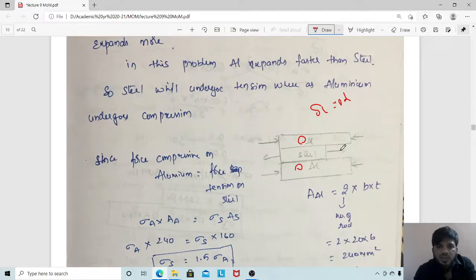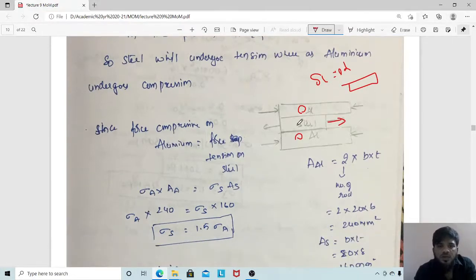Similarly for the steel bar, which tries to expand, the induced stress will try to expand it, so that the overall expansion remains the same, and finally the material becomes an even material. So the compression force acting on the aluminum should be equal to the tension force acting on the steel bar. That's what you have written here.